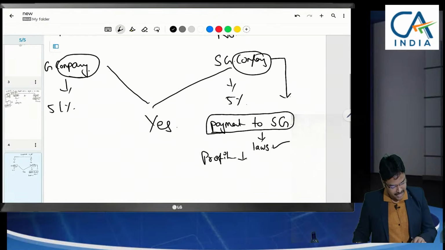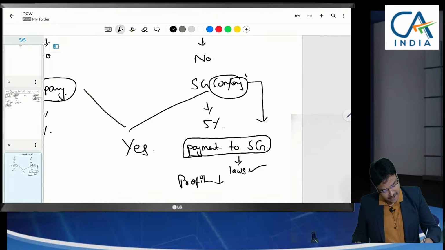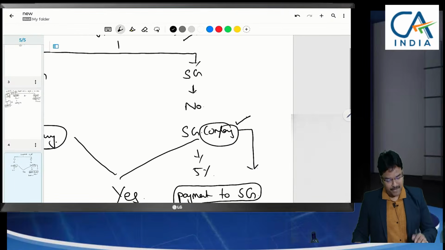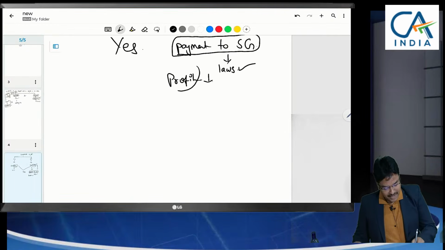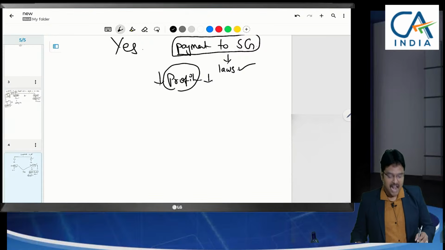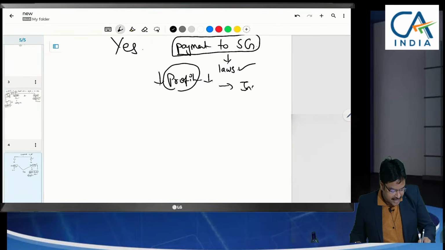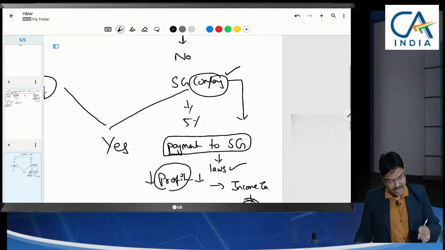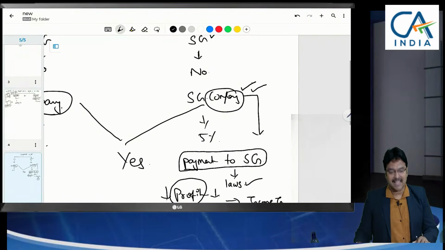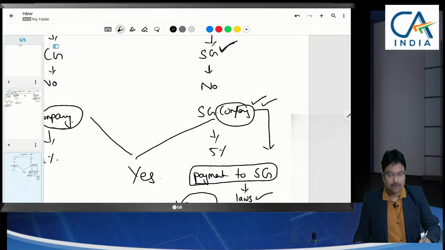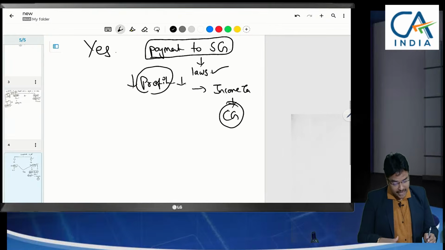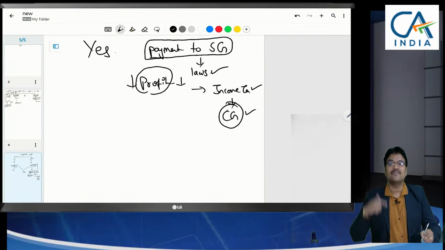Here who is making the payment? State government company is making the payment to state government, which leads to reduction of profits, and on this profit income tax will be payable to which government? Central government. So state government company is writing expense and making payment to state government to reduce income tax payable to central government.